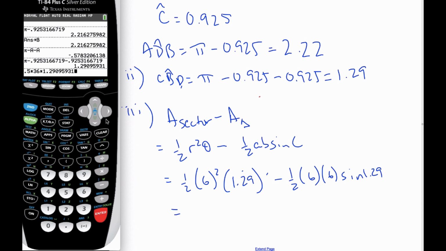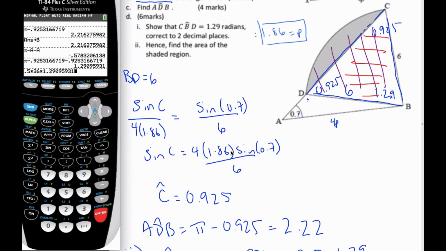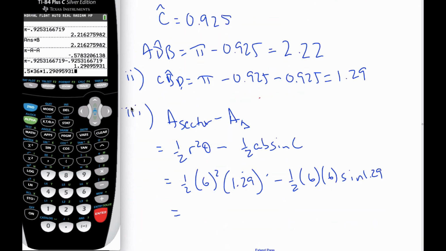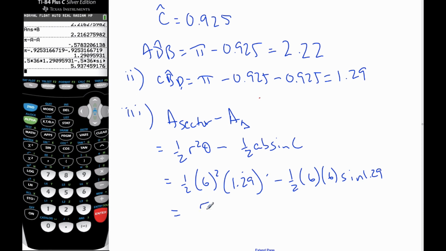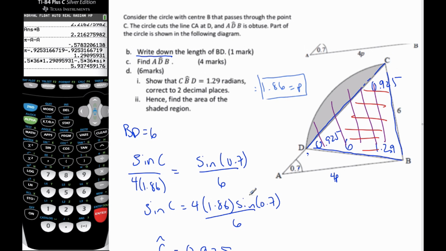In this case, I could have used 1.29 because they gave it to me as the value, but I'm going to use the exact value. I'm going to go minus 0.5 times 36 again, times the sine of that angle. Put it all together, and I get the shaded area is 5.94. And that is the shaded region up in here.